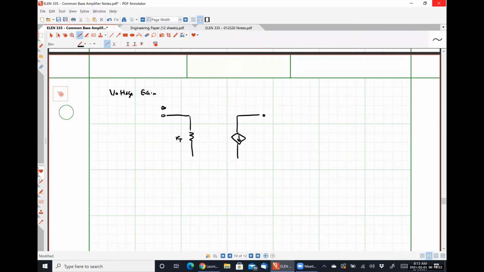Let's see, R pi, V pi, GM V pi. Here's our emitter.